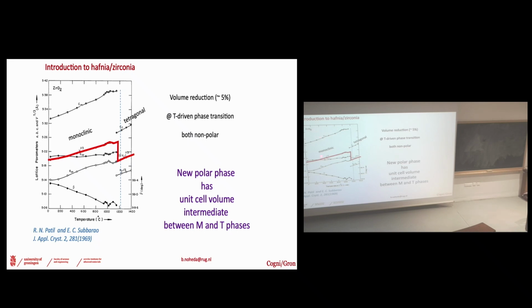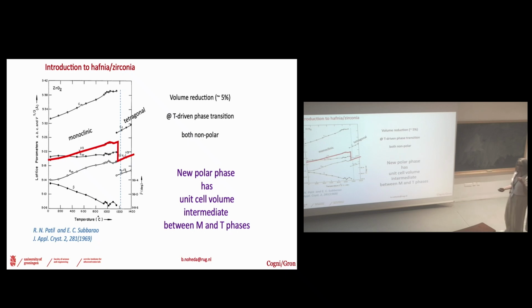These are the ABC lattice parameters, the angle, and in red I signal the volume of the unit cell. So you see there's a huge volume change, which is typical of martensitic phase transitions, a volume reduction of 5% or so. If you now compare this orthorhombic polar phase with these two phases, it's a kind of intermediate volume. So it's somewhere in between these two phases.